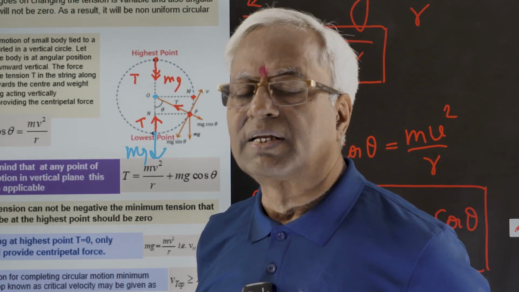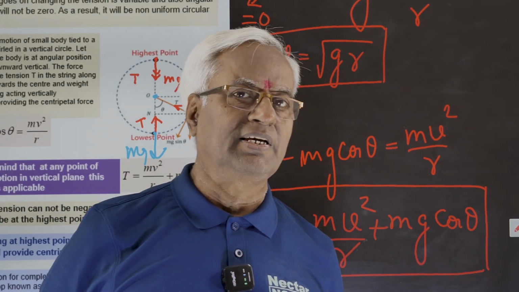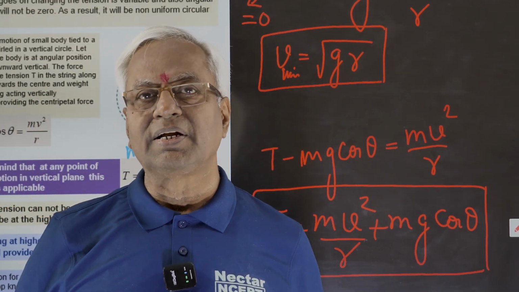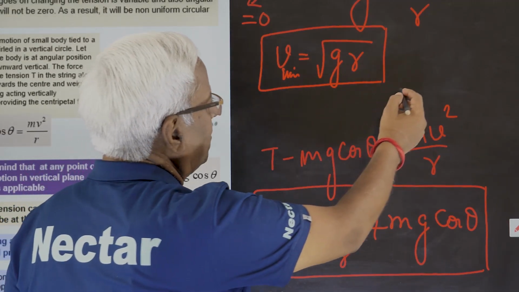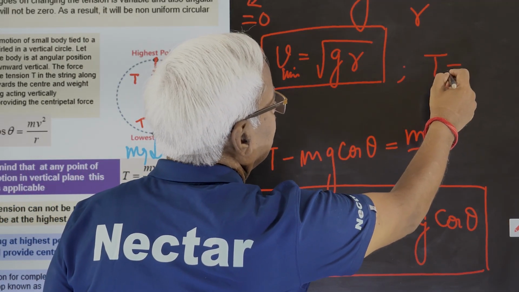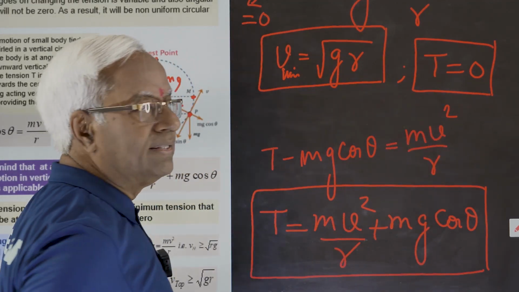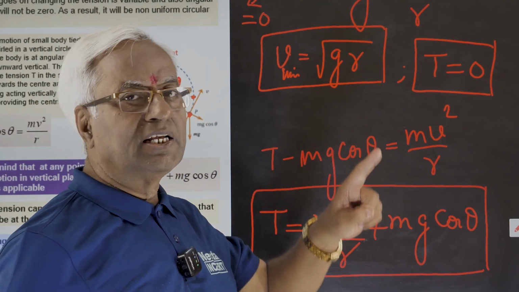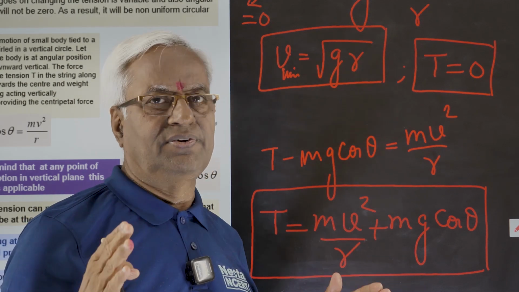Sometimes this is also termed as critical velocity. Here in entire discussion, if you use the term critical, it means the minimum required. So at the highest point we got two results. The tension at the highest point should be 0. The speed at the highest point should be root gR. What does it mean? I'll reiterate.